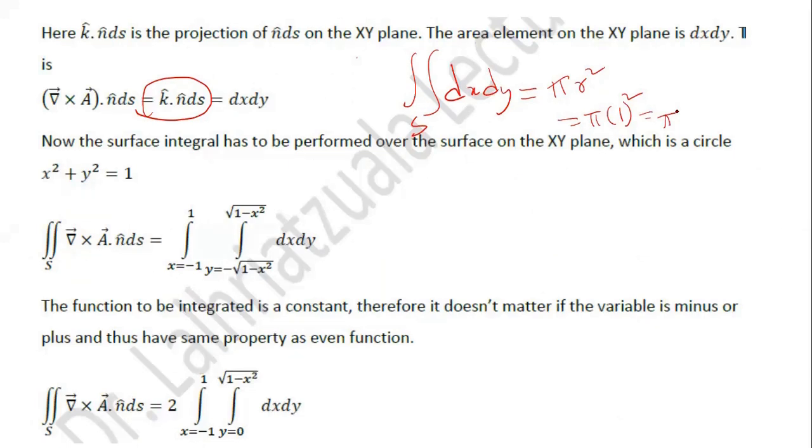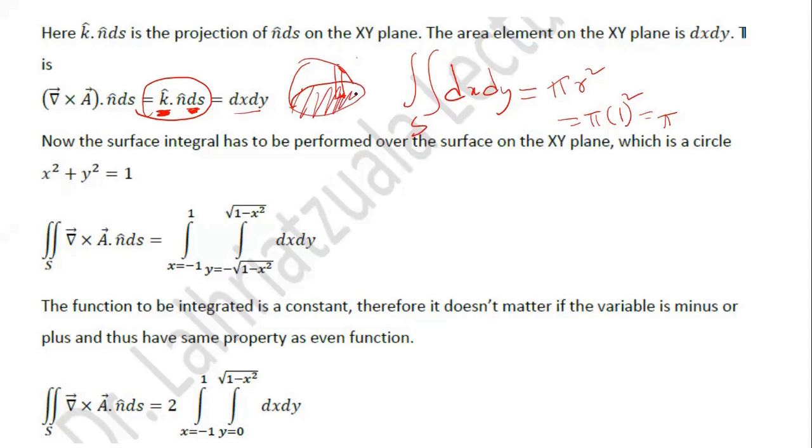So the right hand side, if you understand the problem here, you can directly say that this is actually the area of the circle, because by taking a dot product with k cap here, we are taking the projection of this area element on the curved surface over the xy plane. So over the xy plane, the area element is dx into dy, and if you integrate over the surface here, this is simply the area of the circle.